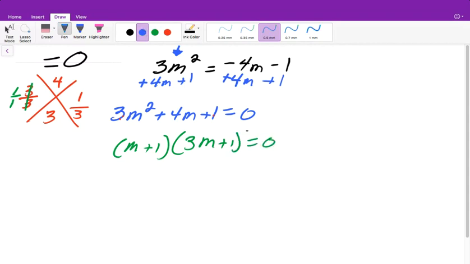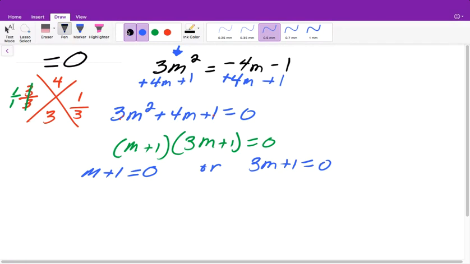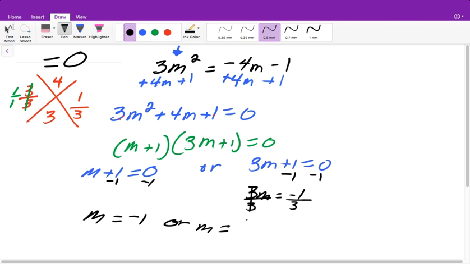Since it's two factors multiplying to be 0, that means m plus 1 has to be equal to 0, or 3m plus 1 has to be equal to 0. So we can then go ahead and subtract over this 1. So we can get m is equal to negative 1. And then we can subtract over this 1. So 3m is equal to negative 1. Divide each side by 3. Or m is equal to negative 1/3.